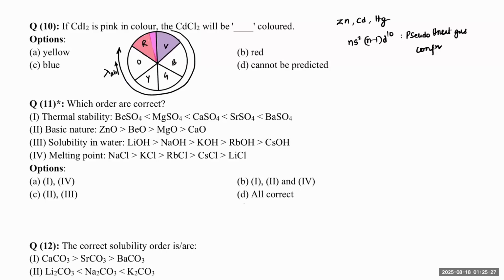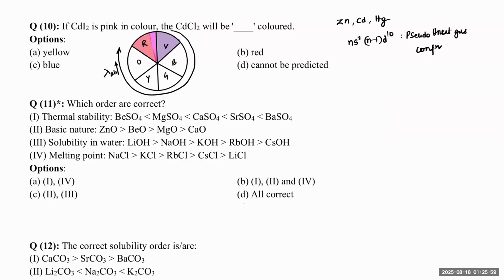Now tell me, if it comes to CdCl2 compared to CdI2, I'm comparing these two. Which one do you think will absorb more amount of energy to go to the higher orbital? Obviously, chlorine will absorb more, because the energy difference for chlorine would be more compared to that of iodine, isn't it?